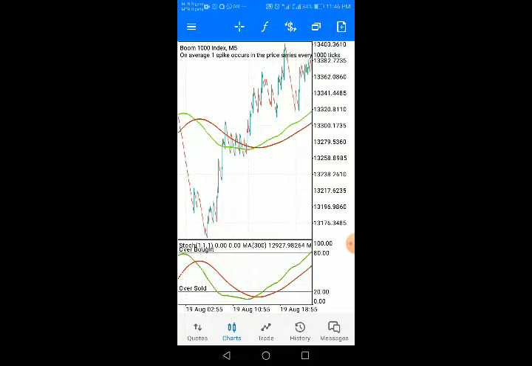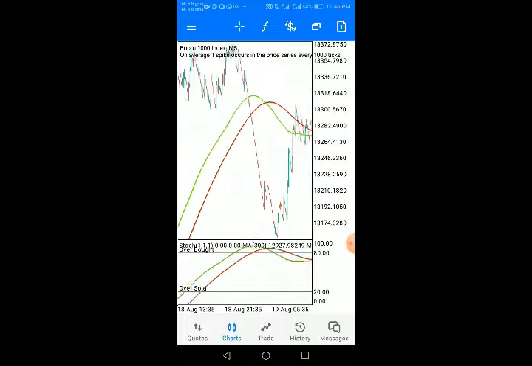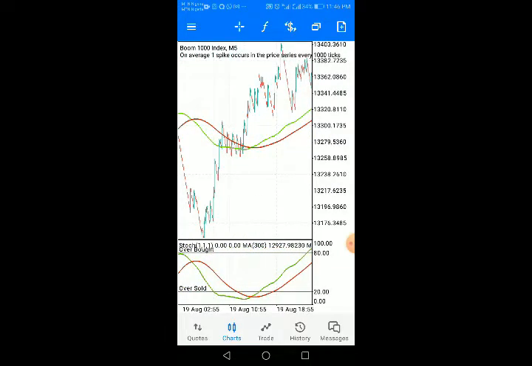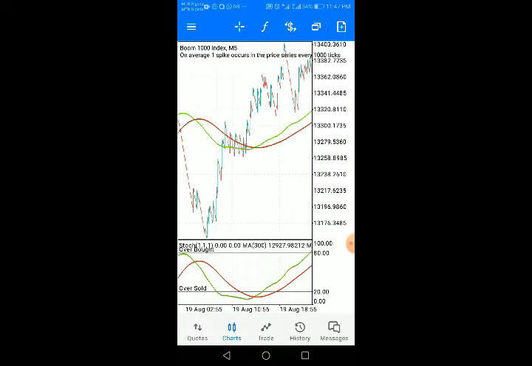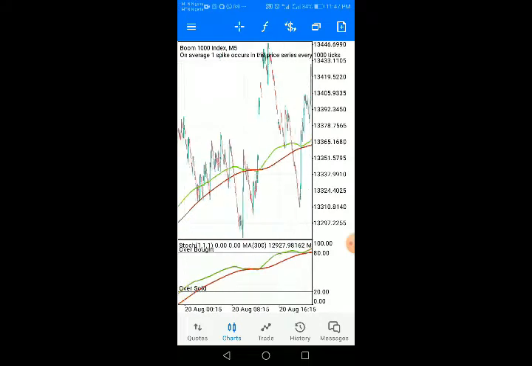You understand? Because if it is, it will not be like this. So this is something you have to really look out for in real time when you're using it to trade. Make sure the cross occurred at the appropriate level. You understand? So that's how it works.